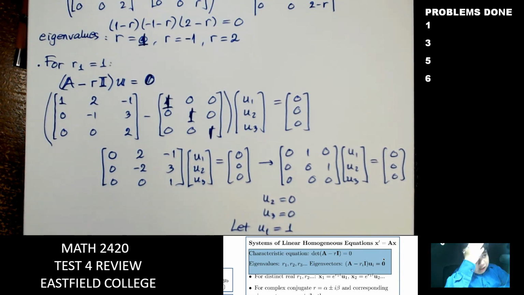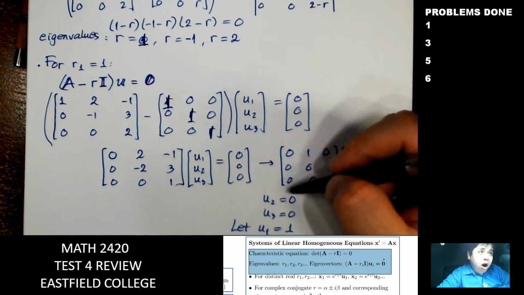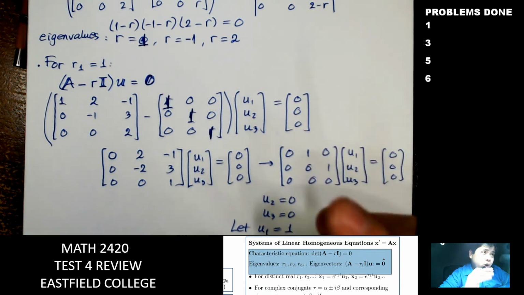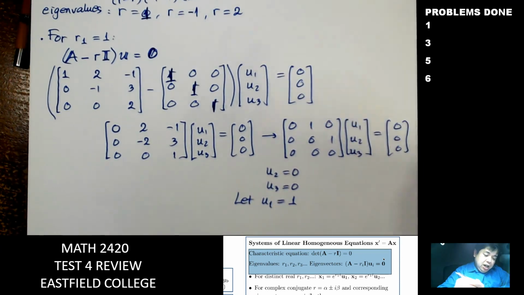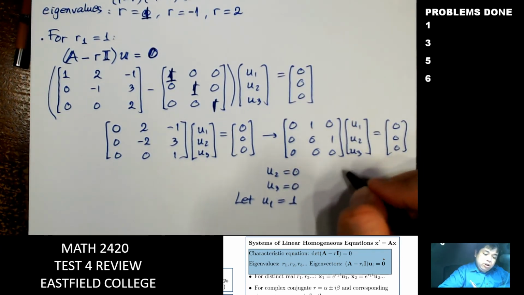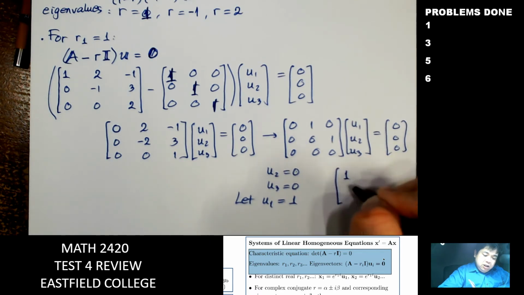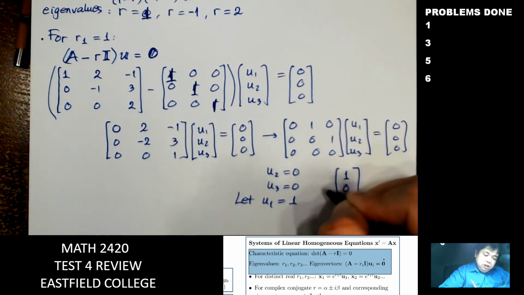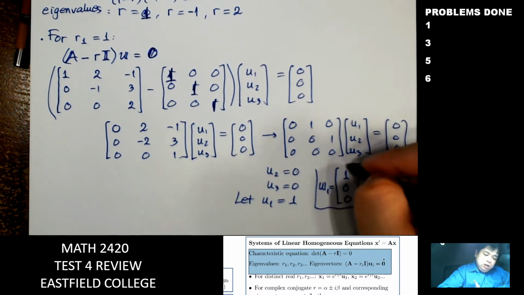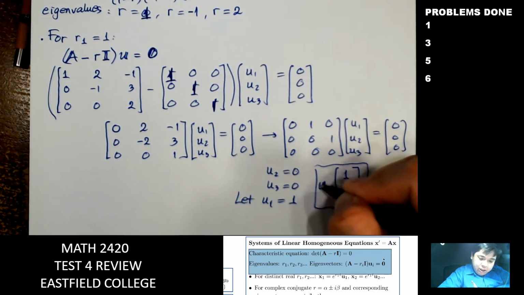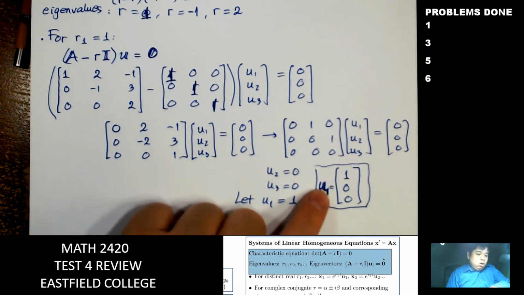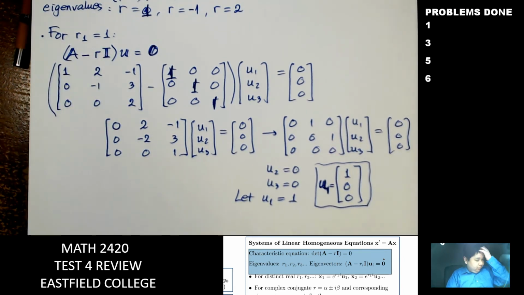As you will see later, whenever a column doesn't have the 1, we choose some value for that. So pretty much we have 1, 0, 0 as U, by the way. So that is the eigenvector corresponding to 1.